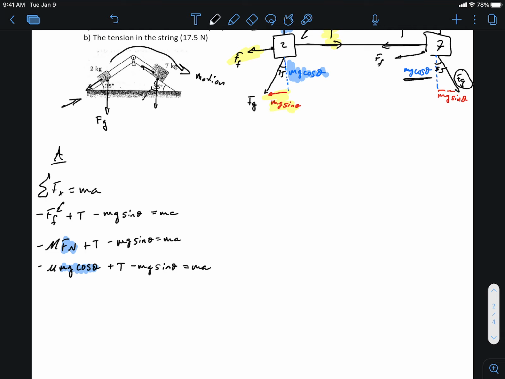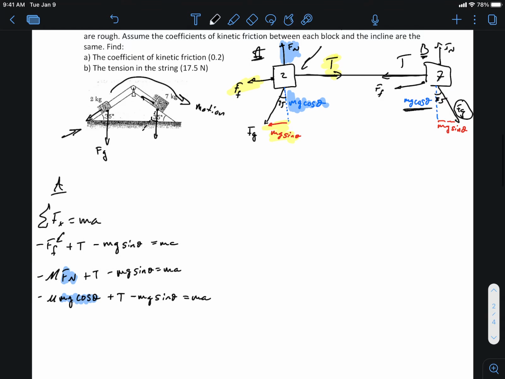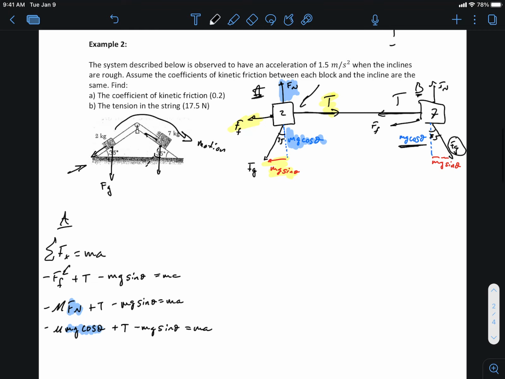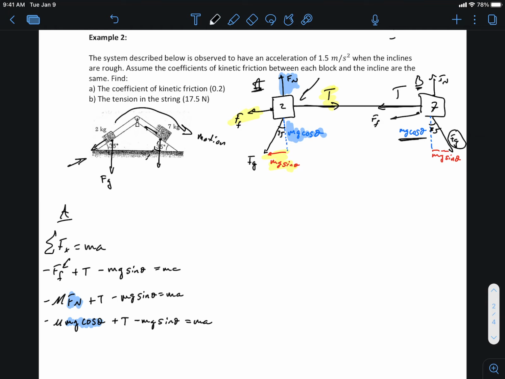We are now in a position, for these kind of questions, if I ever give you one of these, to plug in the numbers that you know. The only thing is I'm trying to solve for the coefficient of kinetic friction, so I don't know that. But you do know everything else. You know the mass is 2, you know the theta, you know g, you don't know tension, that's a problem, and that's part B. And you know all the masses and the thetas, right? So we're just going to plug in those numbers.